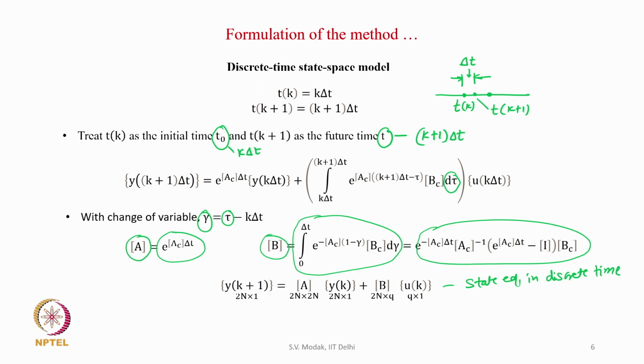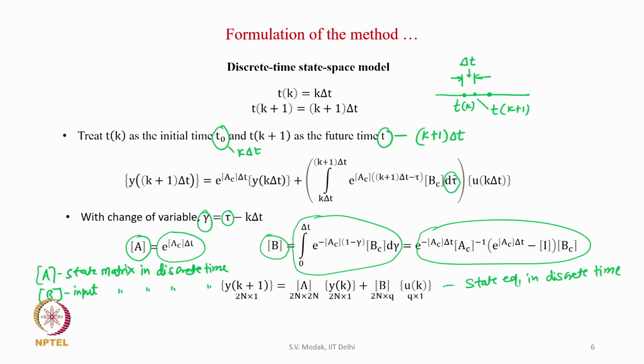So here A is the state matrix in discrete time. Similarly, B is the input matrix in discrete time, and y k is the state vector in discrete time.